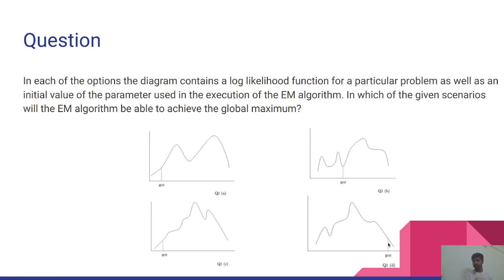But if you consider here, we are starting from here, we are reaching here, but here we have a downward point. From this point, if we go left, there is a downward point. If you go to the right, there is downward. So we'll get stuck here instead of reaching here. This one is the global maxima, right? So here it is a local maxima. So we'll get stuck here, and that is why this is also not a correct option. So the only correct option is option C.